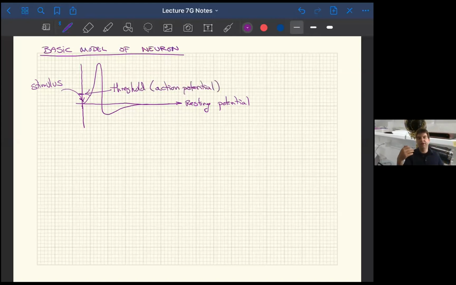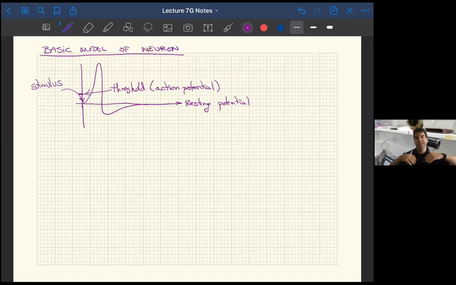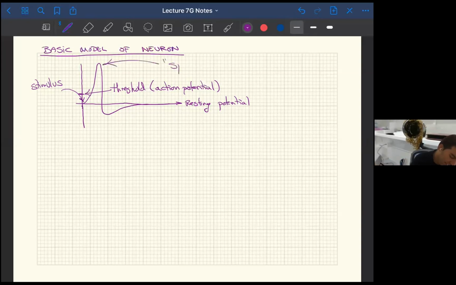And so once you bring a neuron over this action potential, it starts a process not unlike the way a camera shutter works, where the neuron is then activated and it brings its own potential very high and then very low, and then it comes back to rest. And so this ends up generating a so-called spike. And that spike ends up generating a stimulus to nearby parts of the neuron, in the case of a spike traveling down an axon, or nearby neurons.